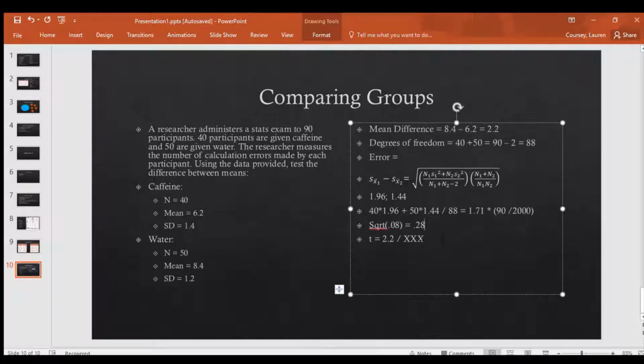So my denominator here would be 0.28. So if I divide this out, my obtained t value would be 2.2 divided by 0.28 to give us 7.86.